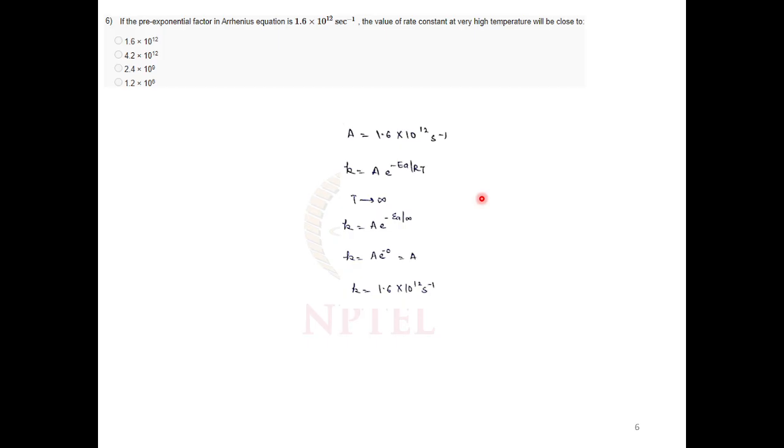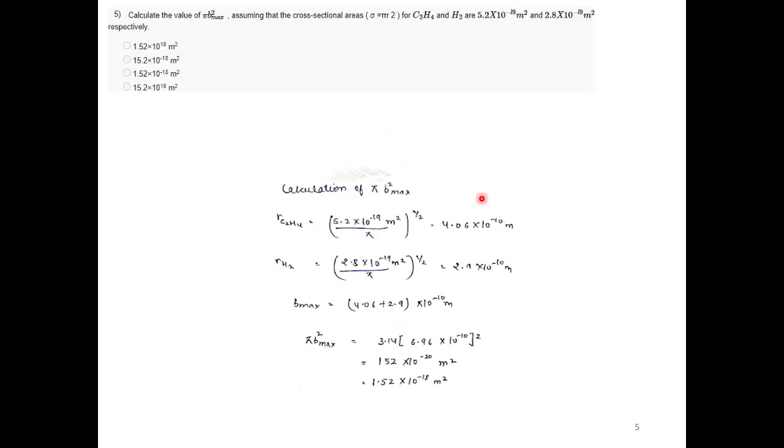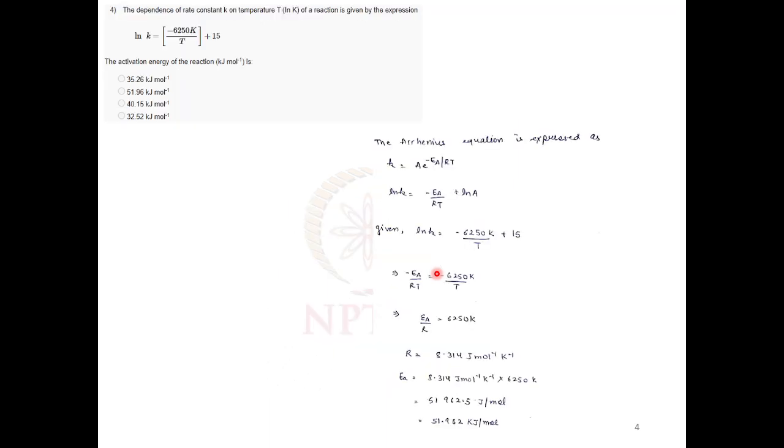Yes, so this is also key, this relation between the pre-exponential factor as well as the rate constant. Now it is a value for this. Yeah, this is also an important value where you need to find basically pi b square. So b, you know, the value of b square, b equal to the sum of those two radii, right? Excluded volume kind of thing.